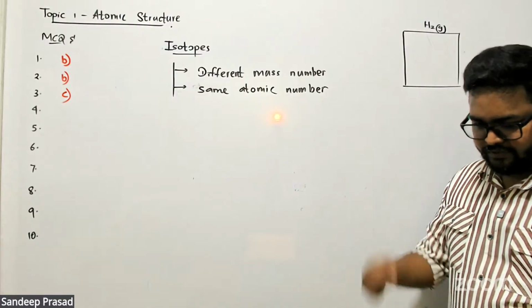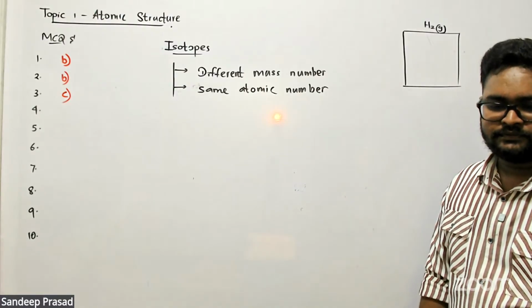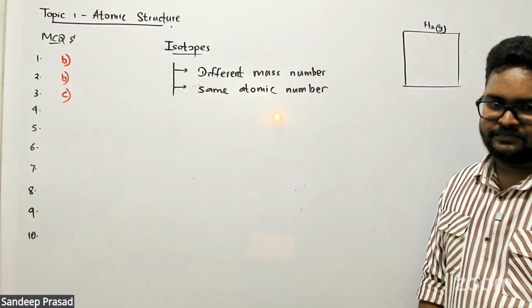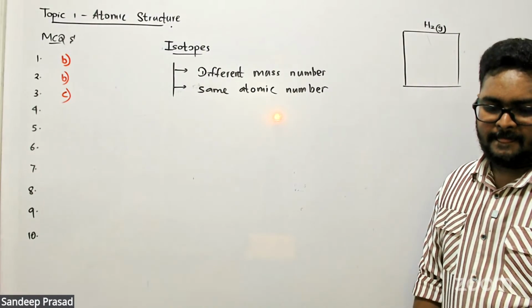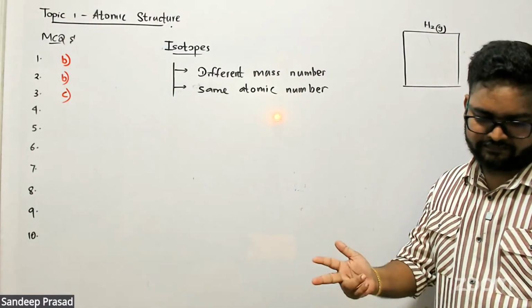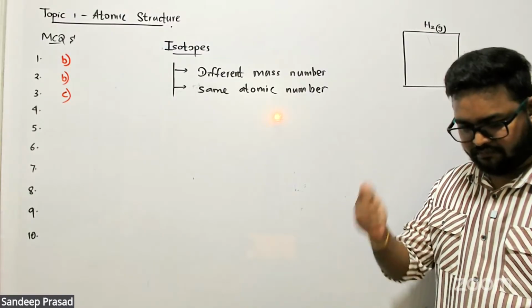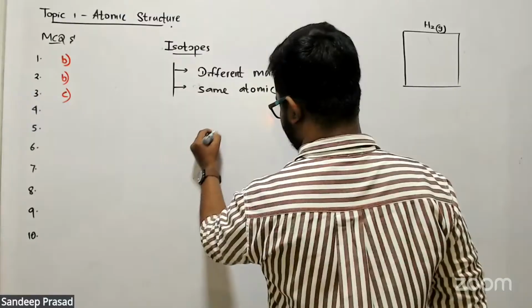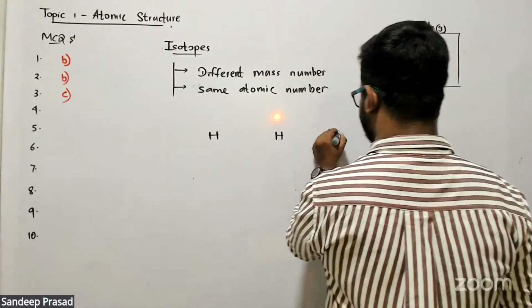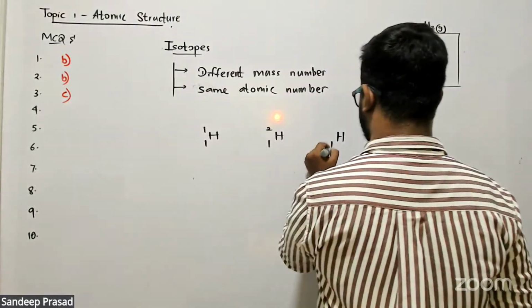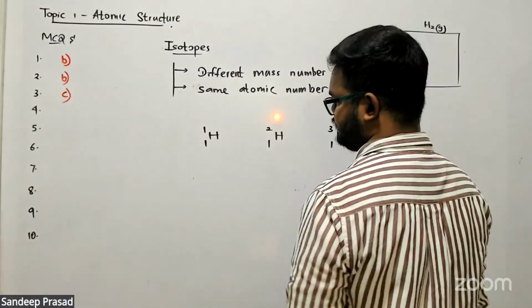Yeah, protium, deuterium, tritium. So when you consider hydrogen, hydrogen is containing 3 different isotopes. Hydrogen 1,1, hydrogen 1,2, and hydrogen 1,3.